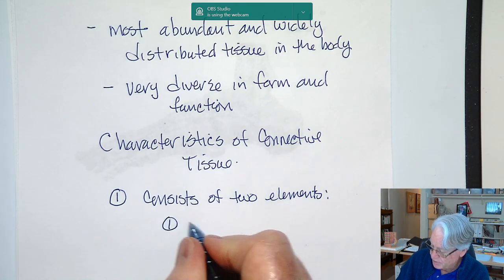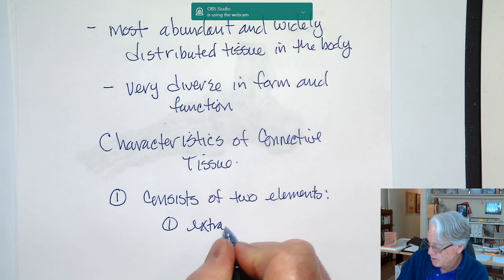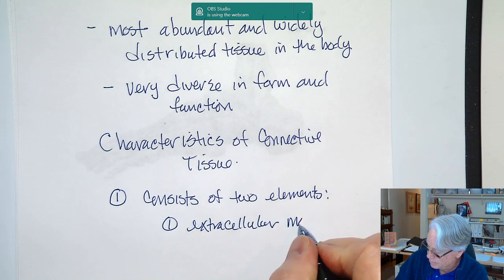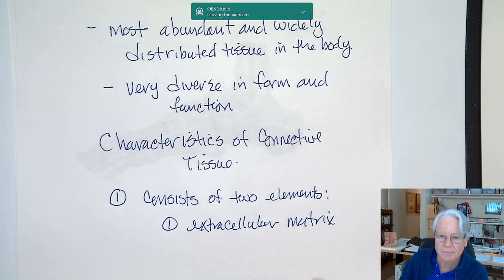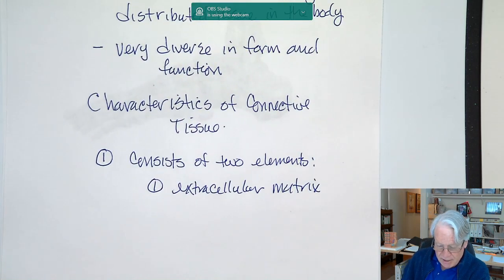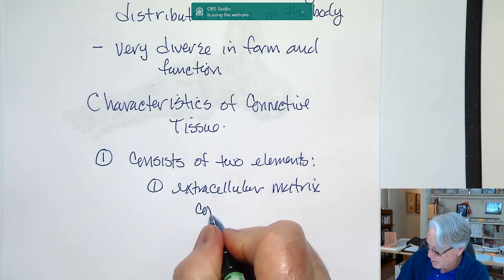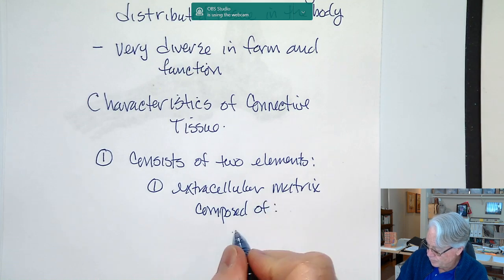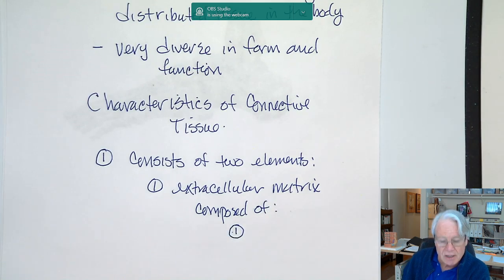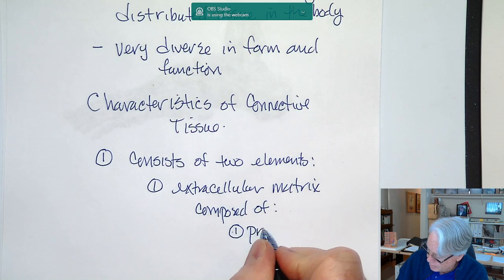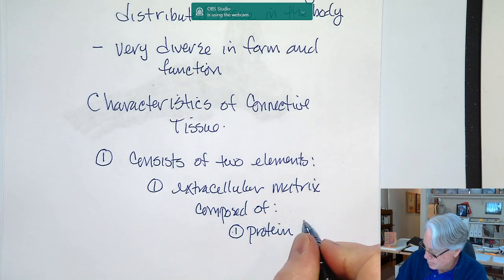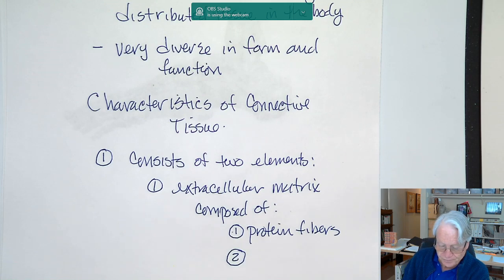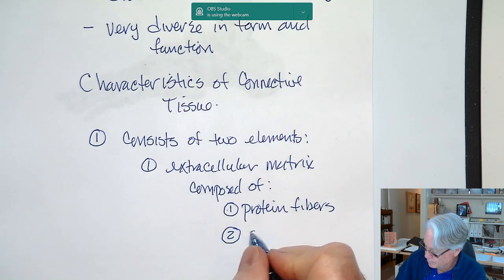Number one, something called an extracellular matrix, and that is composed of protein fibers and a ground substance.